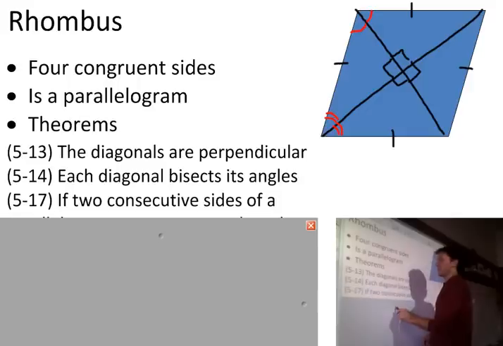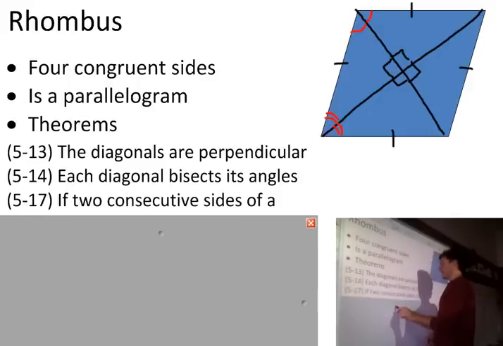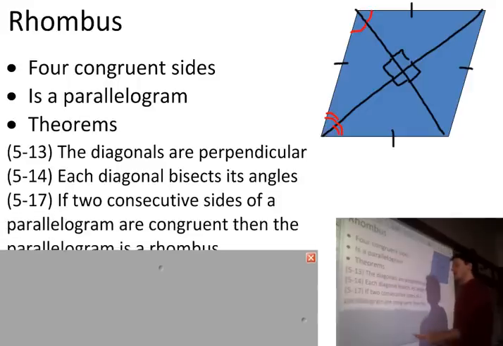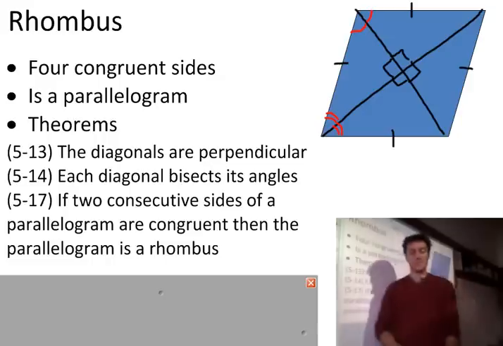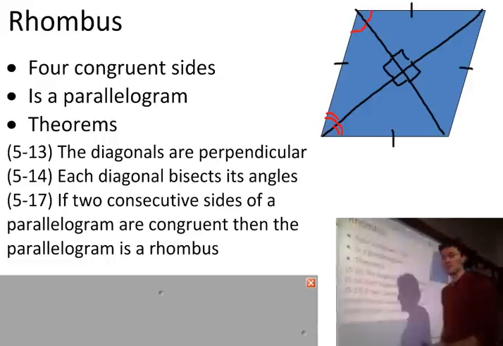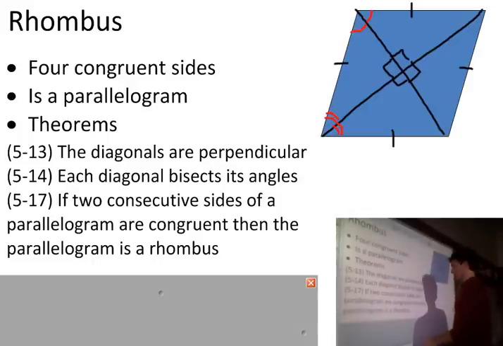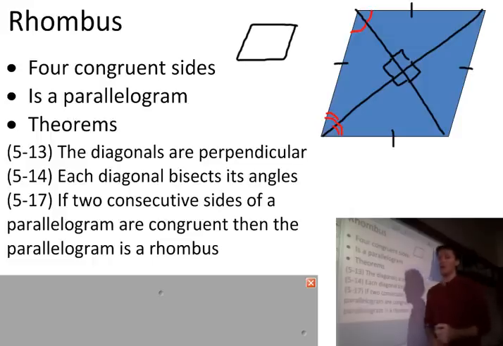And finally, if 2 consecutive sides of a parallelogram are congruent, then it's a rhombus. Okay, so let's look at this one. Let's draw in a new thing here. Let's say that I give you this parallelogram.